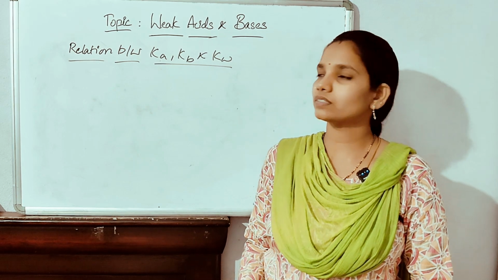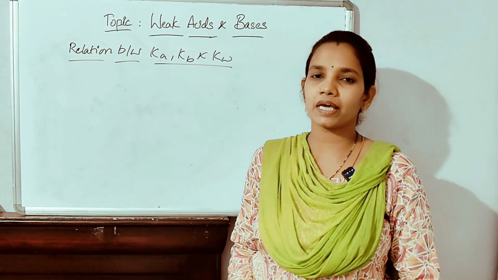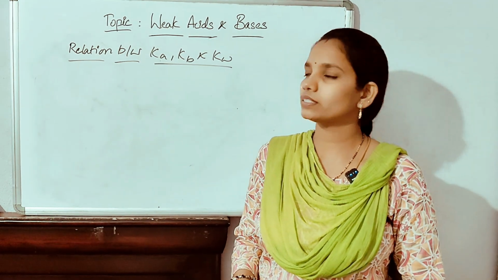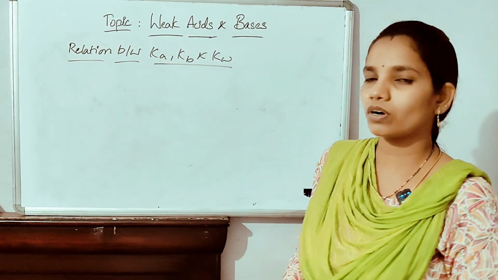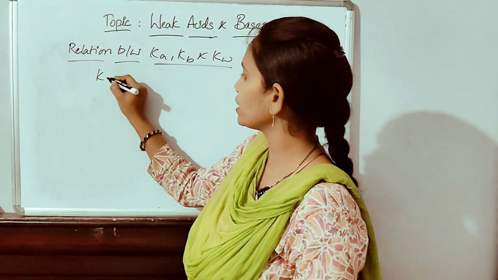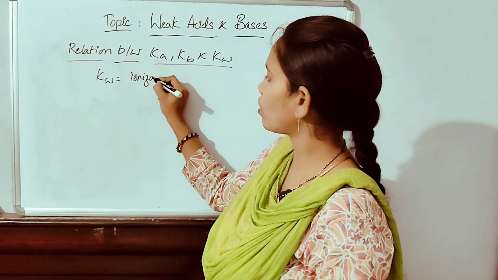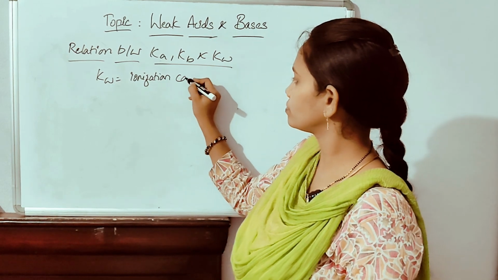Now let's study what is the relation between Ka, Kb and Kw. Ka we have already studied, acid dissociation constant, Kb base dissociation constant. Now let's see what is Kw. It is the ionization constant of water.